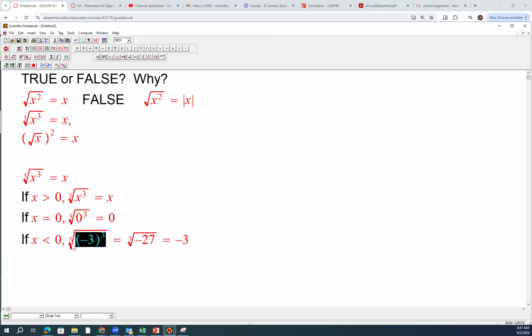You take power 3 of a number, and then you take cubic root of that power. You get the same number. So whether it's positive or negative, it's always the same. So this is true.